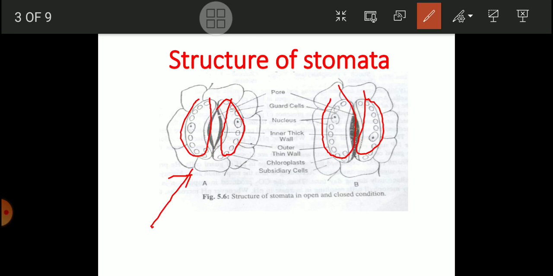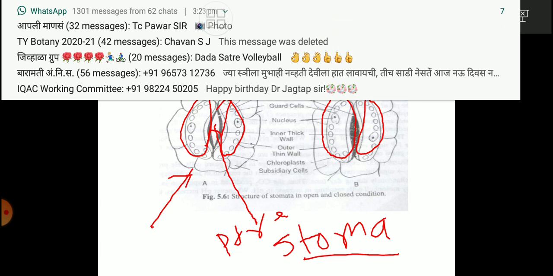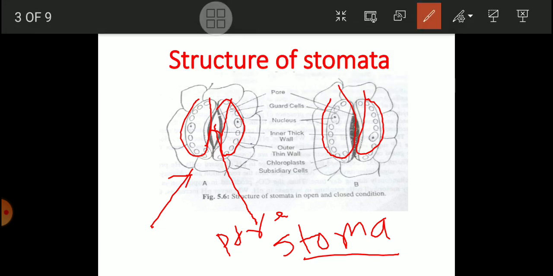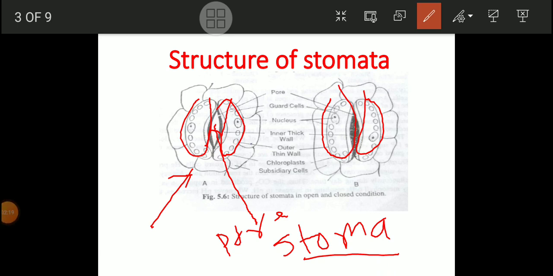At the center there is a pore, and that pore is known as a stoma, also known as an aperture. And this stoma's opening and closing is controlled by these two kidney shaped guard cells. The guard cells are surrounded by other epidermal cells, and these epidermal cells are known as subsidiary cells, isn't it?